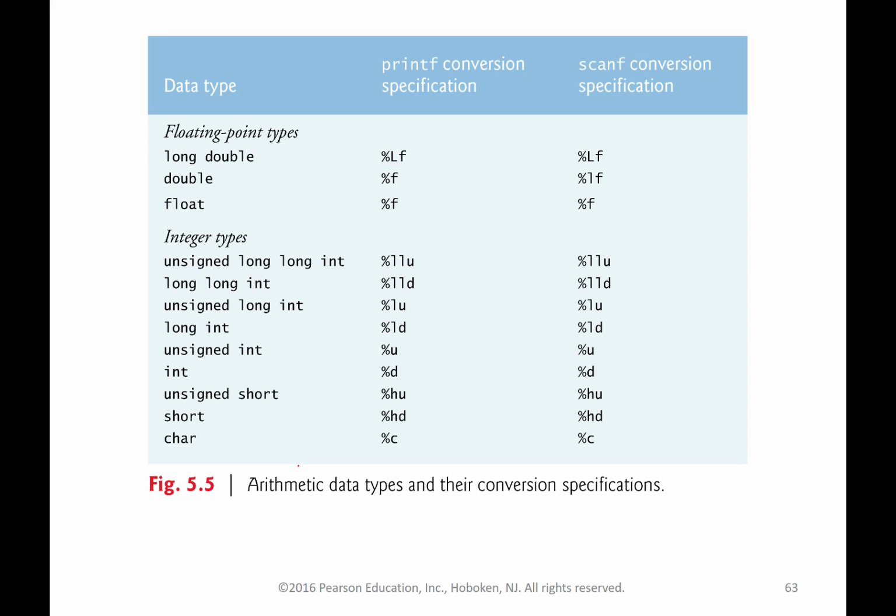These are the various types of conversion specifiers. I think we've seen lists like this before. For printf, you've got long double, double, float. Those are our 3 floating points. Those have decimal points. So note that you have an uppercase L for the long double. And normally you would almost never use long double.